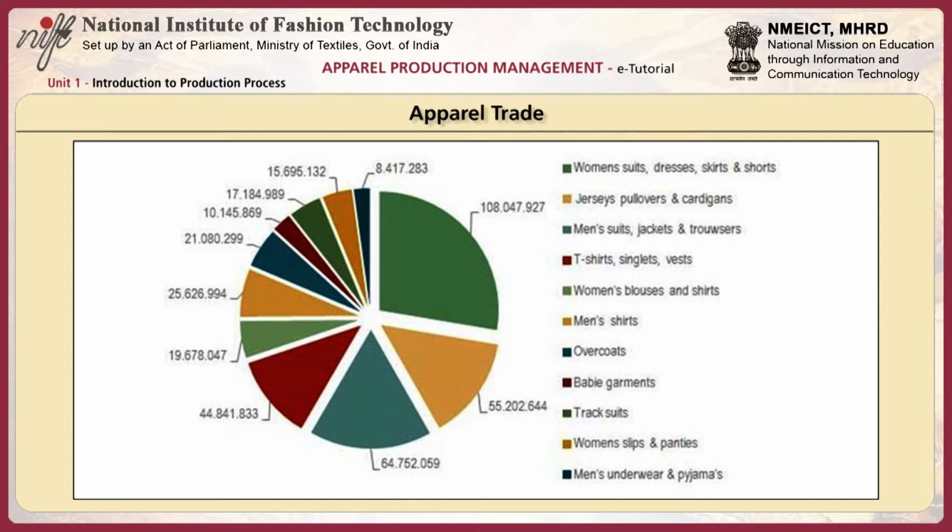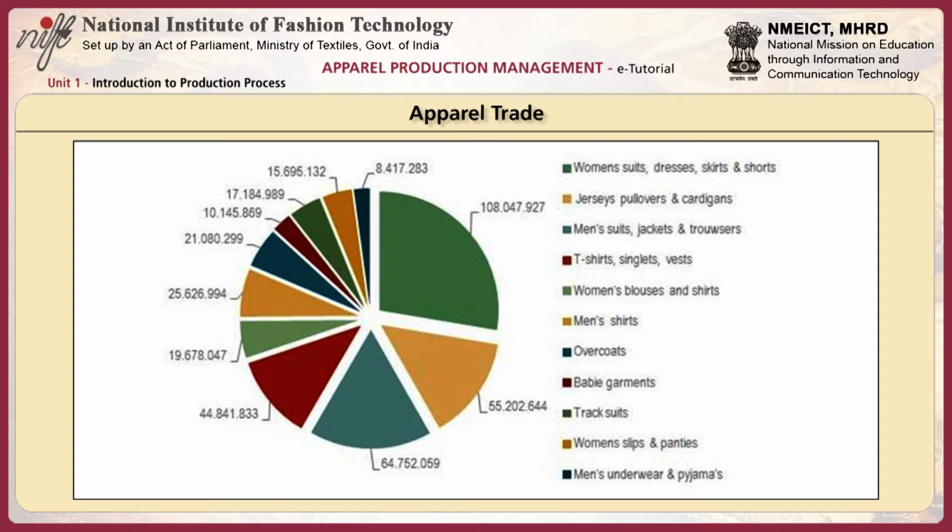The next position, that is the seventh position, we have overcoats, baby garments, tracksuits, lingerie, and the last and final segment being men's underwear and pajamas.